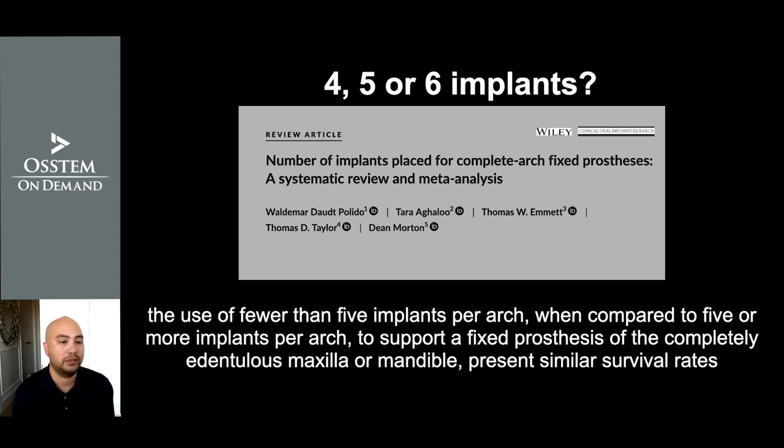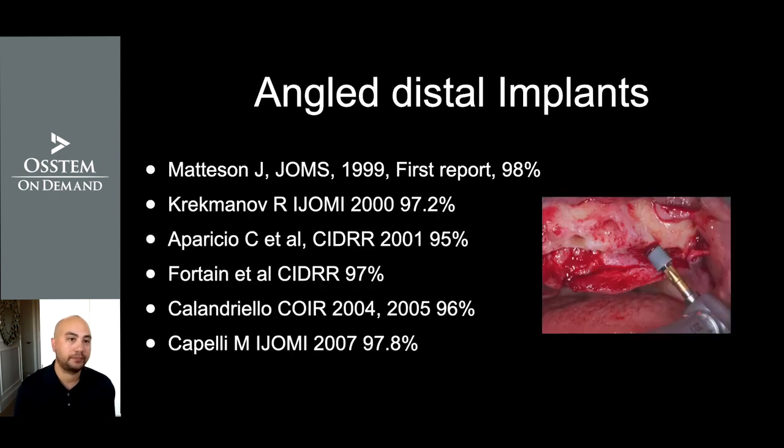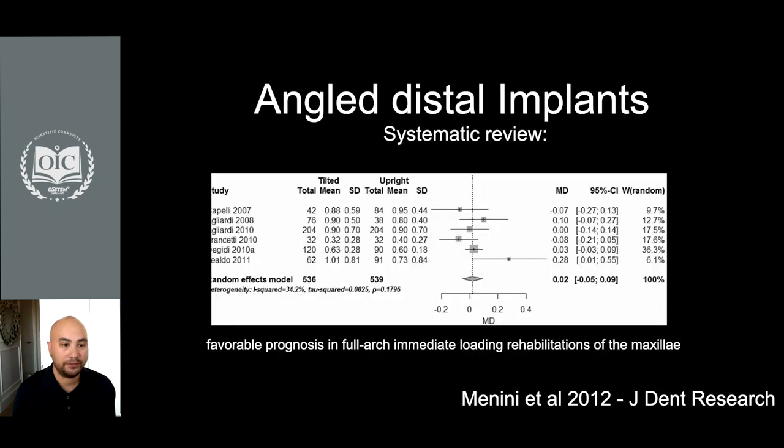A systematic review reported comparable survival rate regardless of the number of implants that are placed. Another important concept is the angled distal implants, and there's plenty of literature covering the subject, and a systematic review also reported favorable prognosis, short-term and long-term.